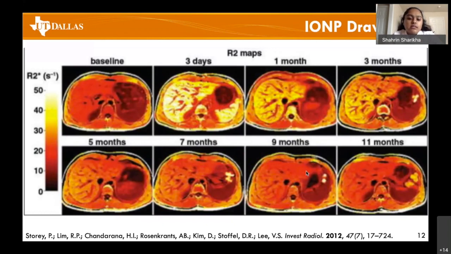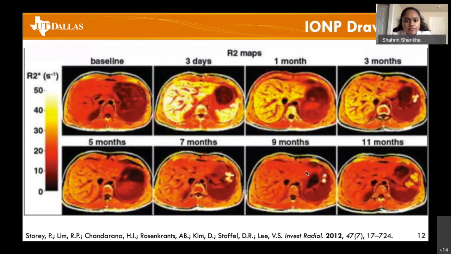As you can see, compared to the baseline, the liver at 11 months did not excrete the iron oxide nanoparticle completely. This isn't necessarily dangerous, but it can affect future radiologic scanning, because this contrast agent would interfere with any future scans.